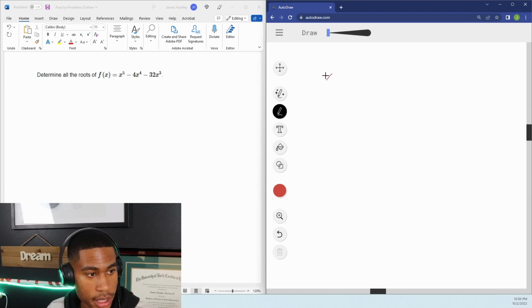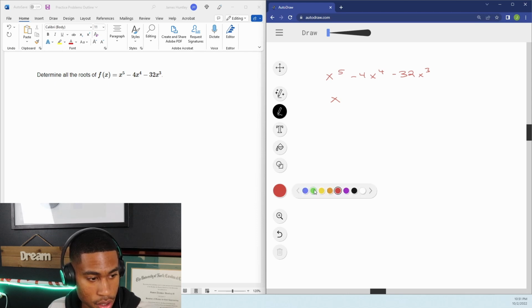So right now we have this gigantic x to the 5th minus 4x to the 4th minus 32x cubed. All right, what do we see common in this? Well, I see that x is common, right? I can see x cubed in at least each section.